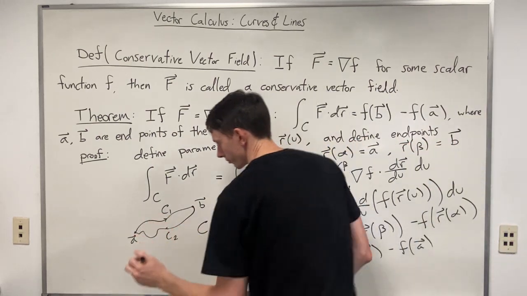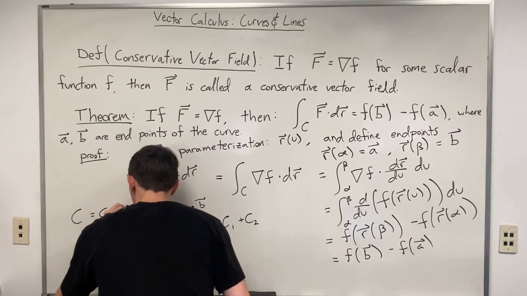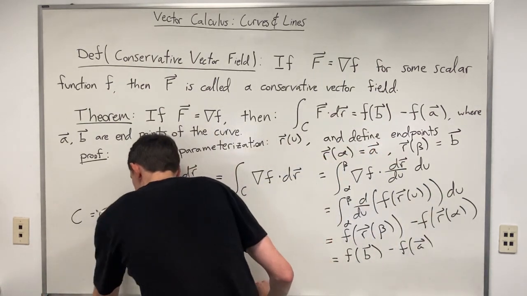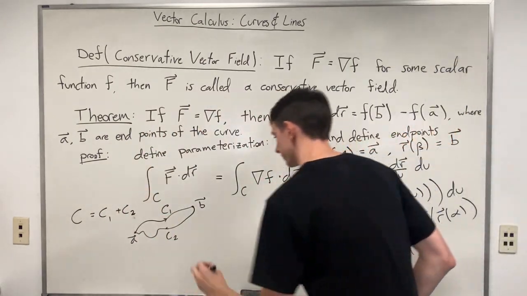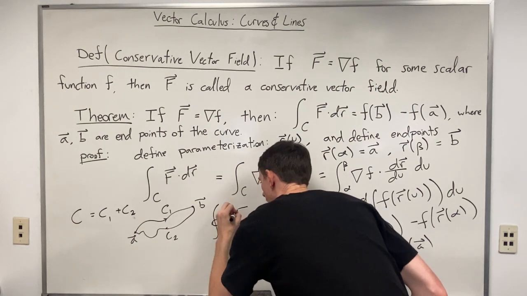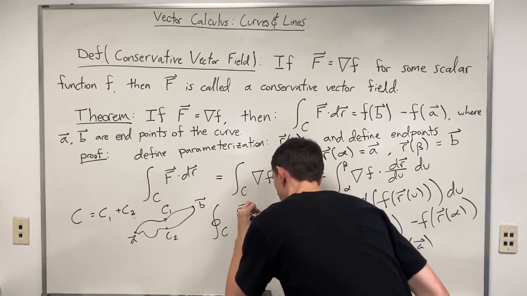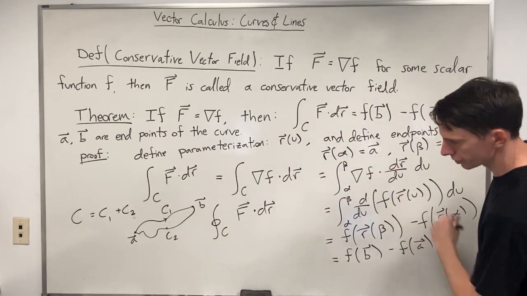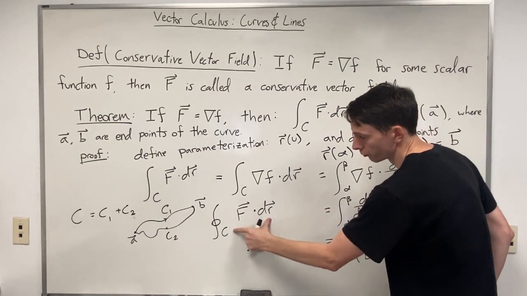Okay. So now what I want to do here is, let me actually write this over here. We're going to say that C is the sum of the two curves, C1 plus C2. So what I want to do next is I want to say, well, let's integrate over this closed loop curve C. So let's perform the closed loop integral over C of a conservative vector field F dot dr. Okay. Now, if we were to do this, we immediately know the value of what this is.